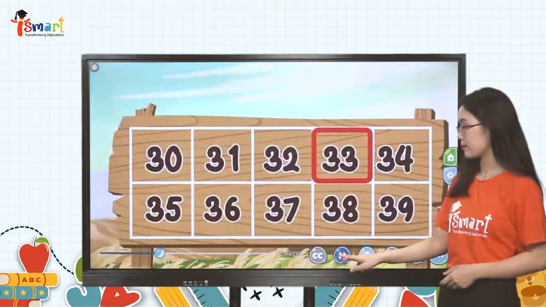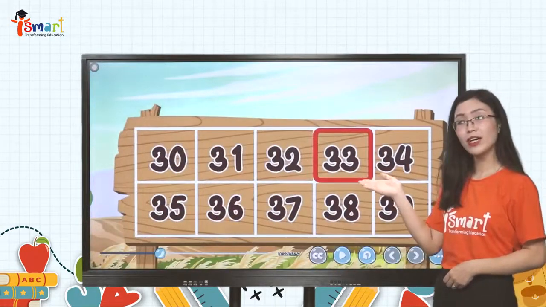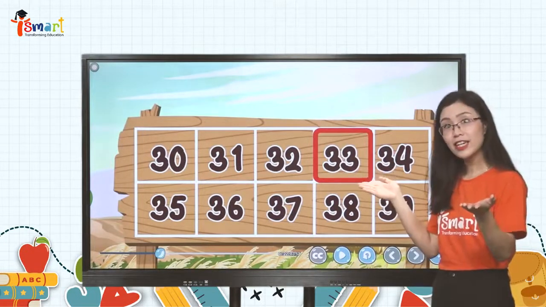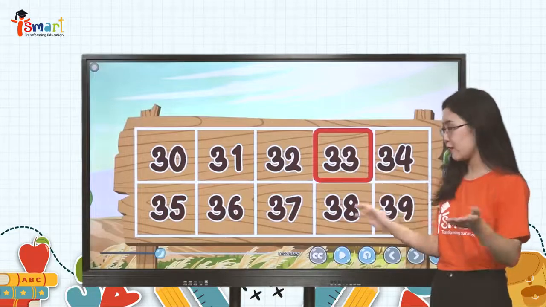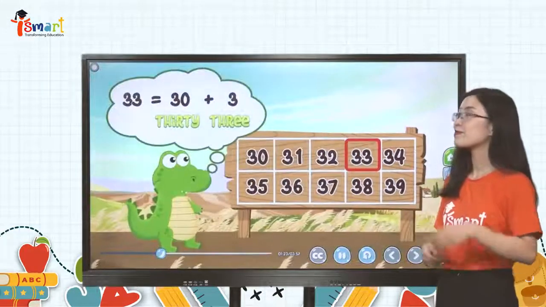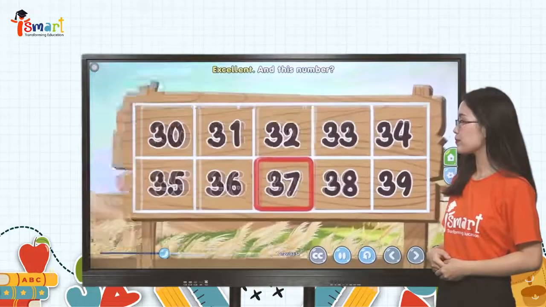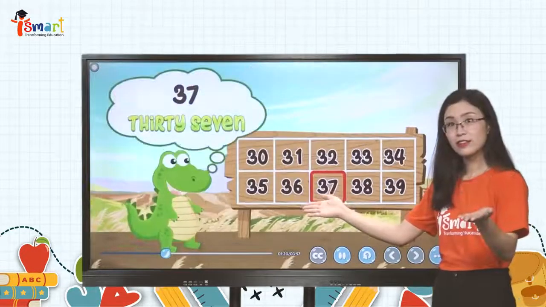What number is this? Can you tell me what number is this? 30. Yes, 33. 33. Excellent. And this number? 37.